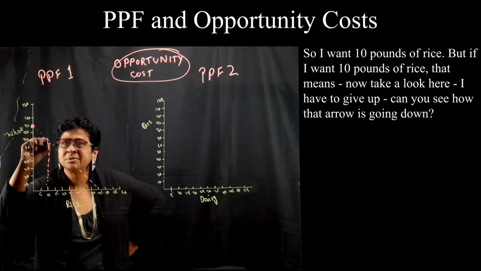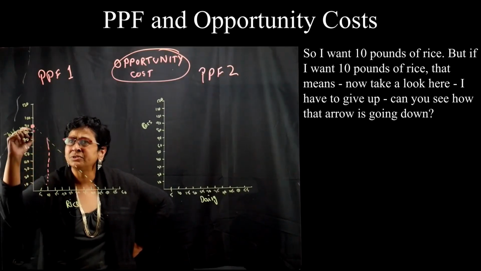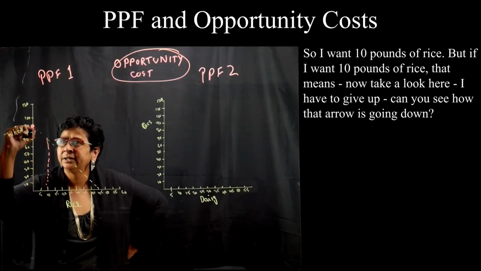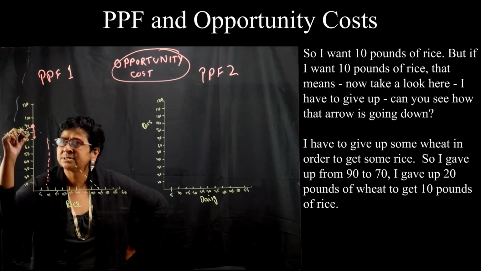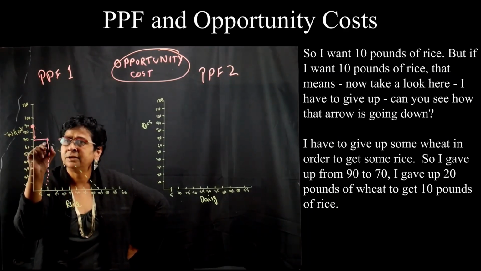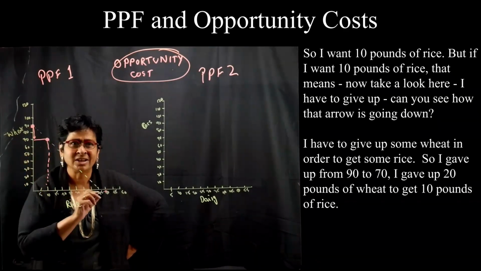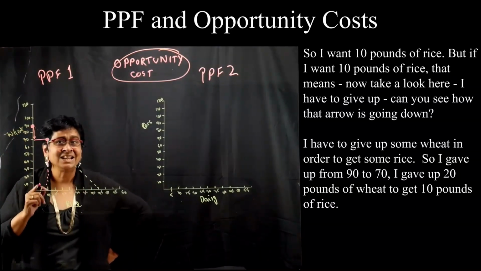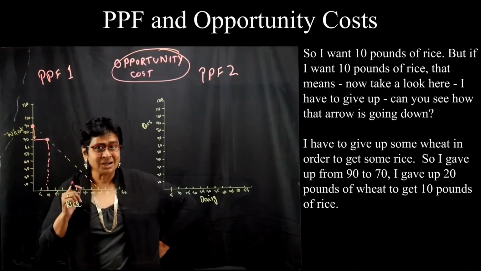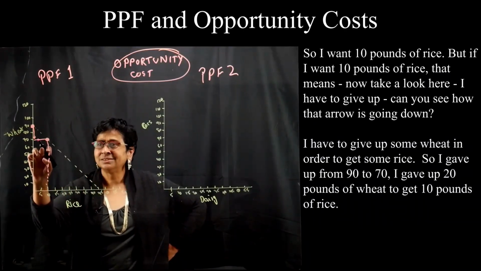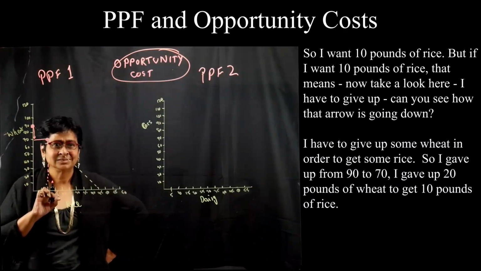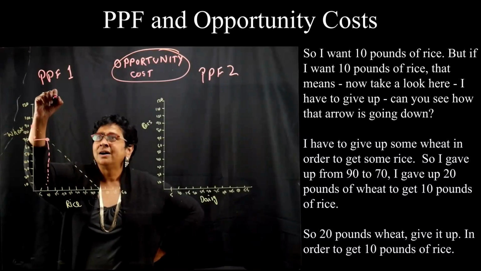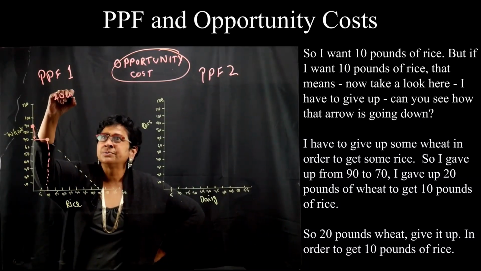So I want 10 pounds of rice, but if I want 10 pounds of rice, that means, now take a look here, I have to give up. Can you see how that arrow is going down? I have to give up some wheat in order to get some rice. So I gave up, from 90 to 70, I gave up 20 pounds of wheat to get 10 pounds of rice.